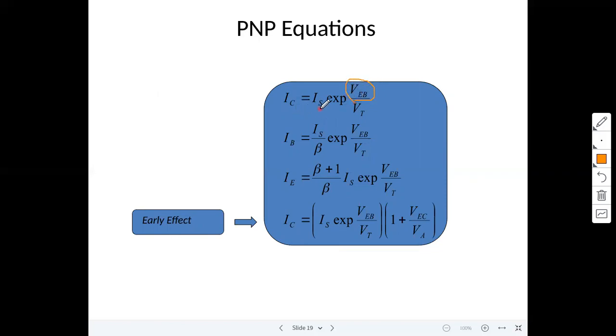Same, IC is equal to IS times e to the power VEB by VT. IB is equal to IC by beta, and IE is equal to (beta plus 1) by beta times IS e to the power VEB by VT. The early effect is not discussed here; it is discussed in the next class.